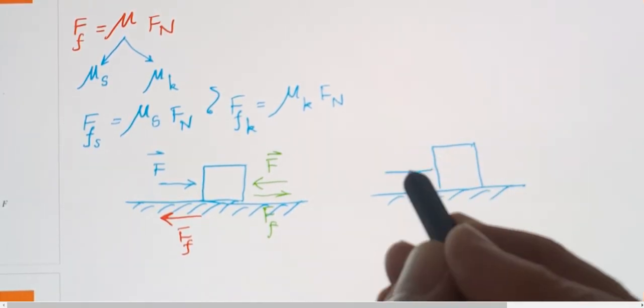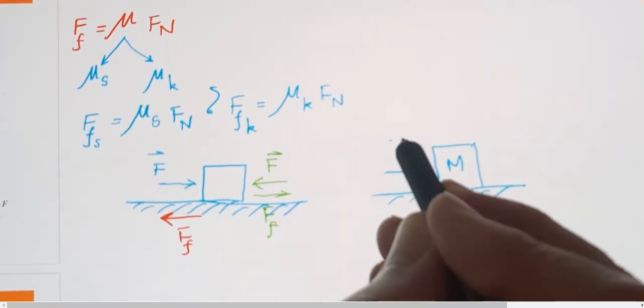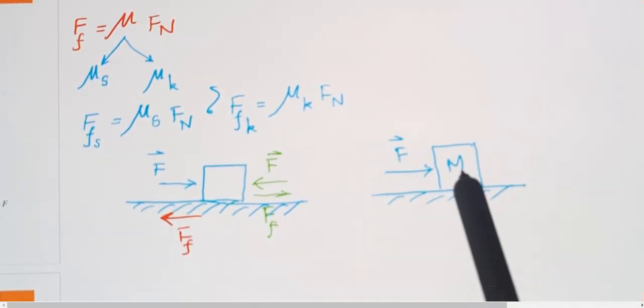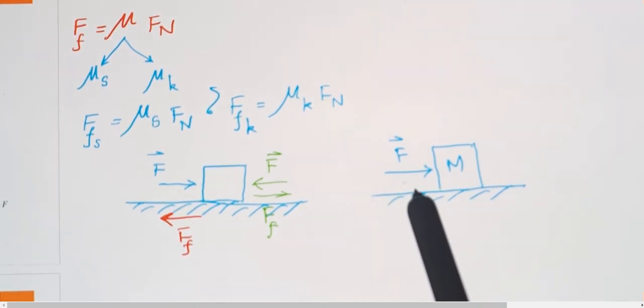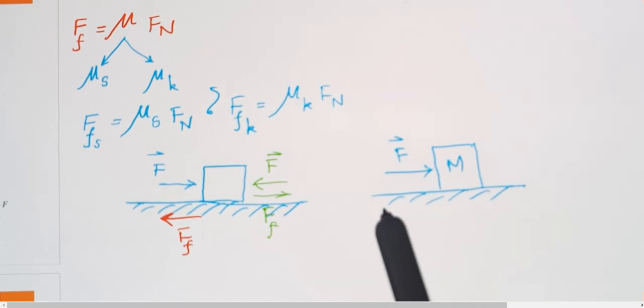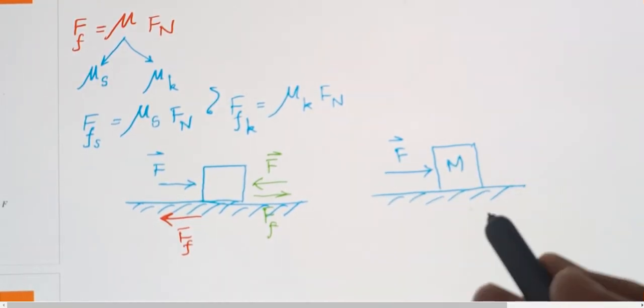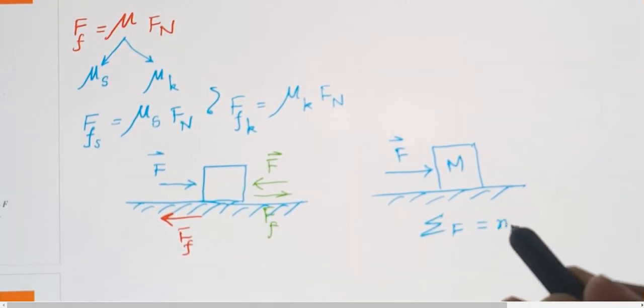Situation two, the force is acting on an object, so you have static force of friction. The more force you apply, the more friction you will get. And the reason for that, summation of force is equal to MA.